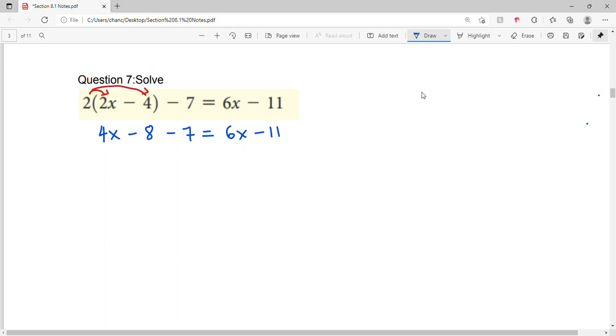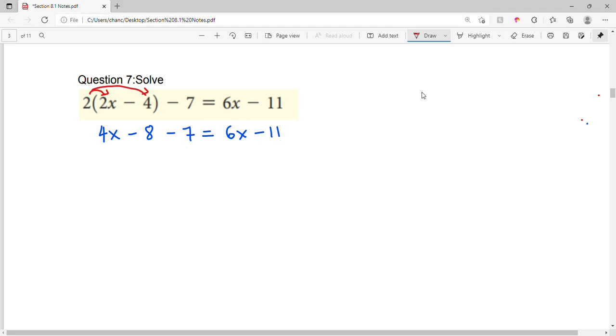Now we can start looking for terms to collect. We want to collect like terms. So look on the left and look on the right and see what we can add together. Do not start adding and subtracting to both sides yet. You want to simplify each side first before you do that.